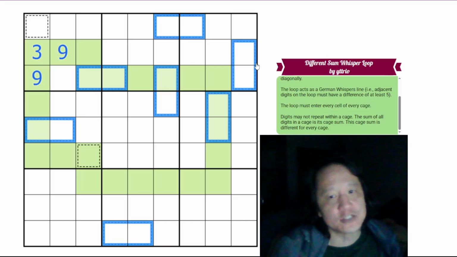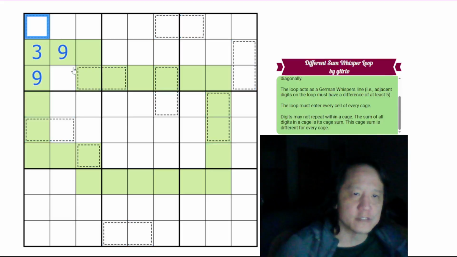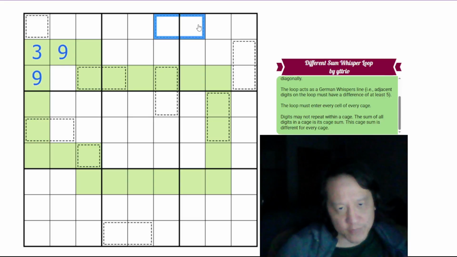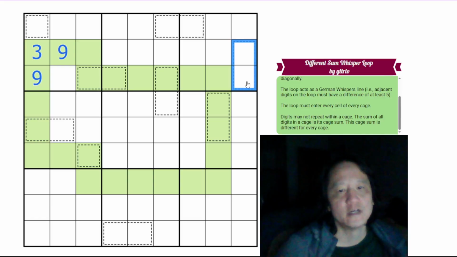And this cage sum is different for every cage. So that means the sum of this cage must be different from the sum of this cage, which is different from the sum of this cage, this cage, this cage, this cage, etc. And those are all the rules.